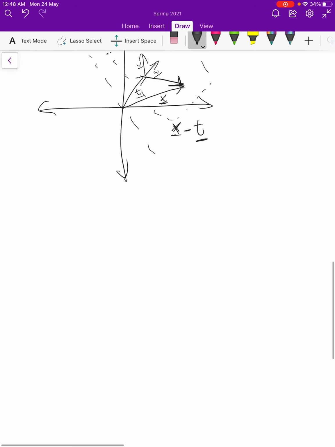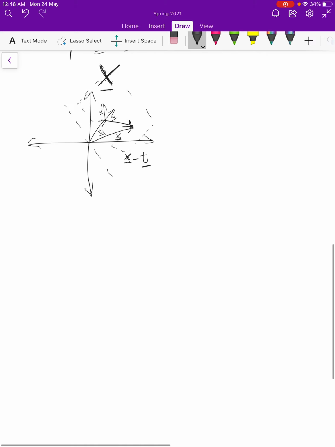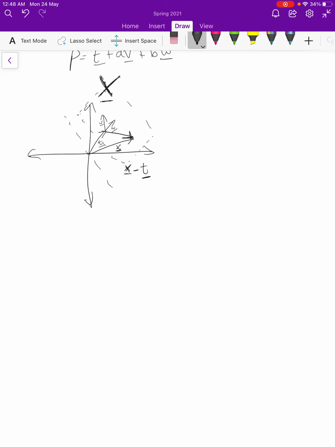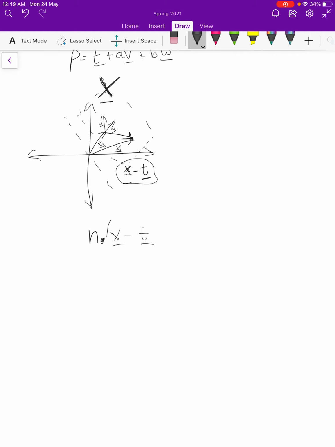Now, this gives us an equation, right? Since we're orthogonal to all these different vectors that are tangential to the plane, the dot product of n, and for this example, we'll say x minus t, where x is any vector on the plane.